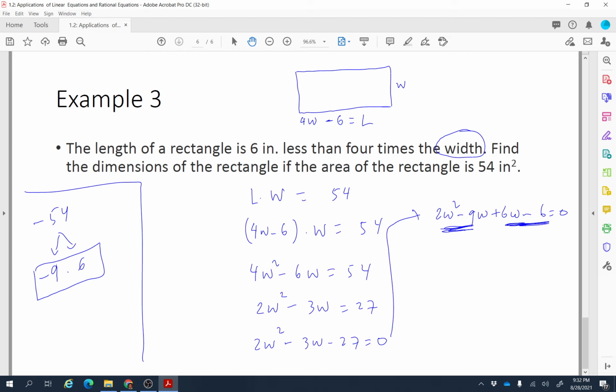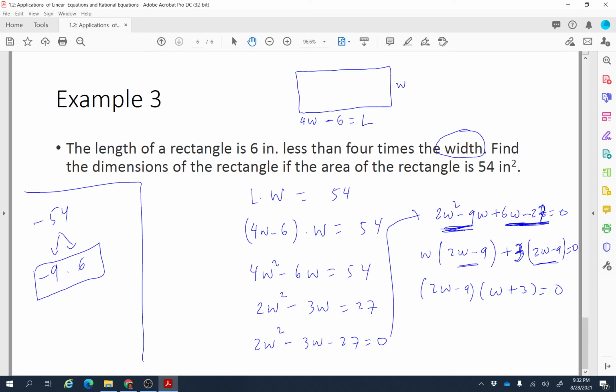So from the first two, the common factor is w, the leftover is 2w minus 9. From the last two, the common factor is... what did I do wrong here? Oh, it's not 6, it's 27. So the common factor is 3, not 6. So that will give me 2w minus 9. So now I do have two factors, 2w minus 9. This is common. So I factor out that. The leftover would be w plus 3.